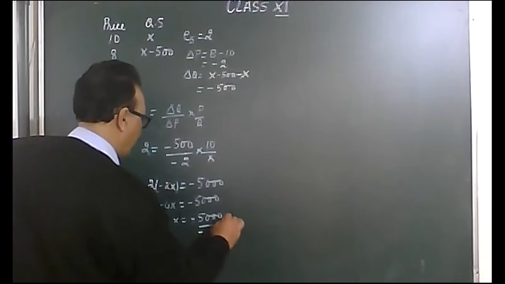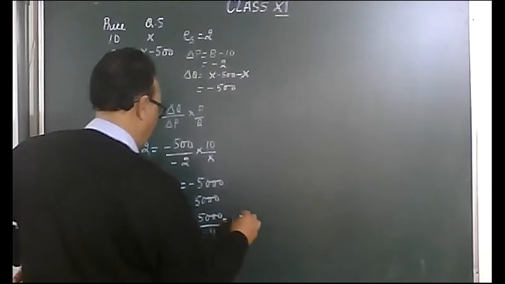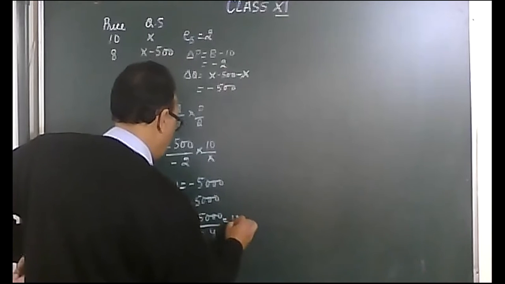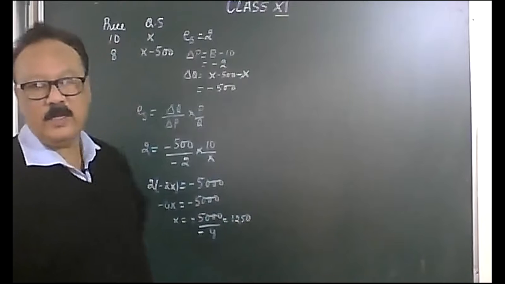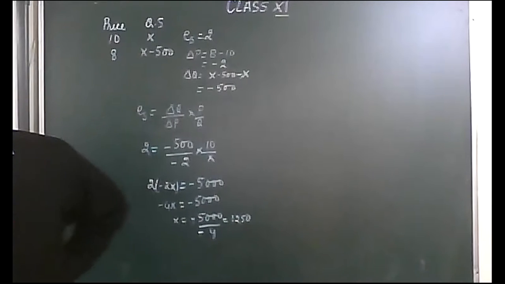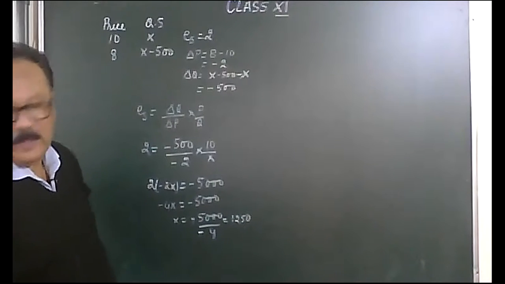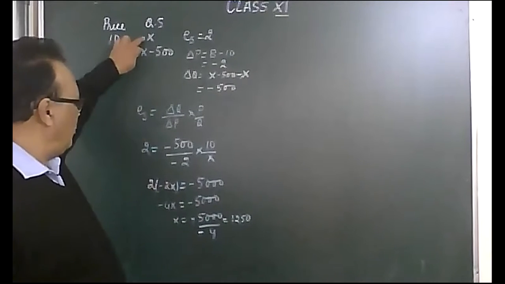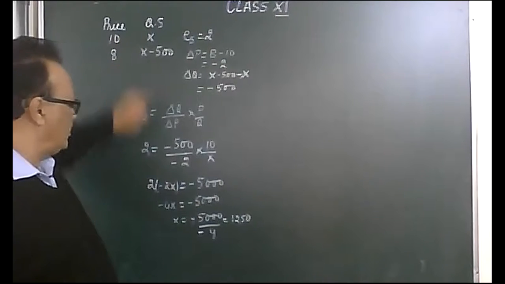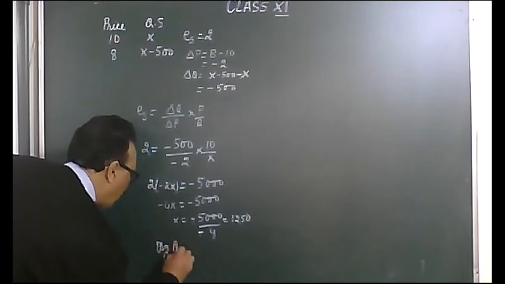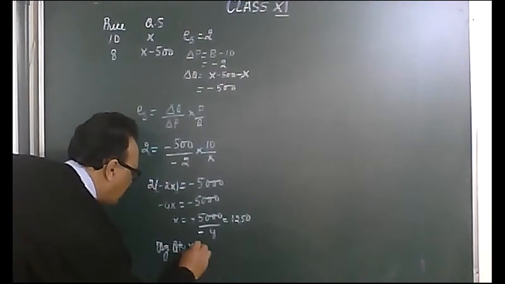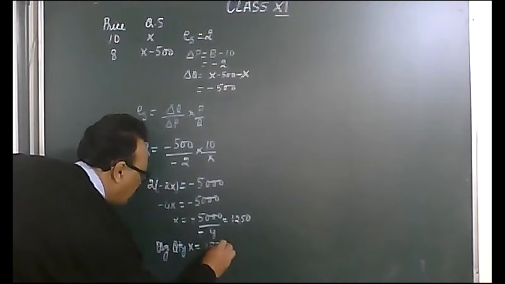Minus, minus a plus. 4 ones are 4. 4 twos are 8. 4 fives are 20. 1250 is what? Is X. X is the original quantity. X is equal to 1250.